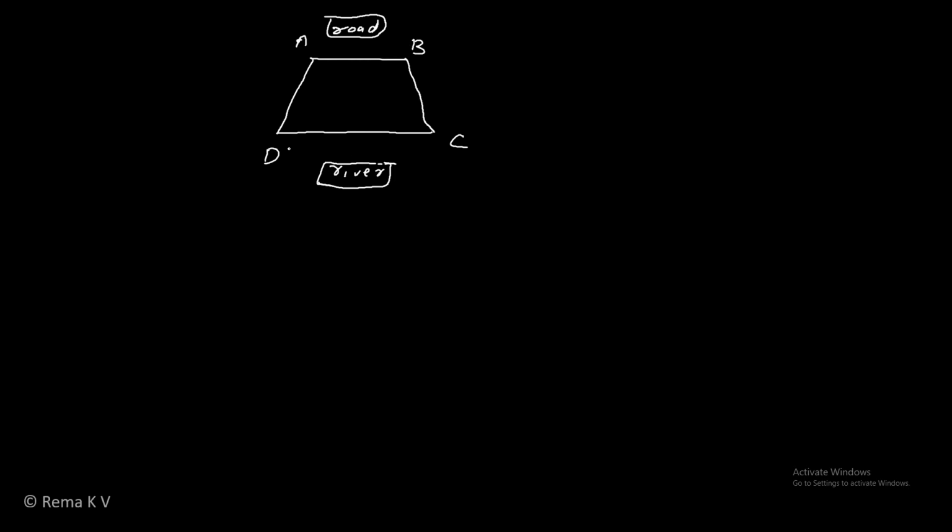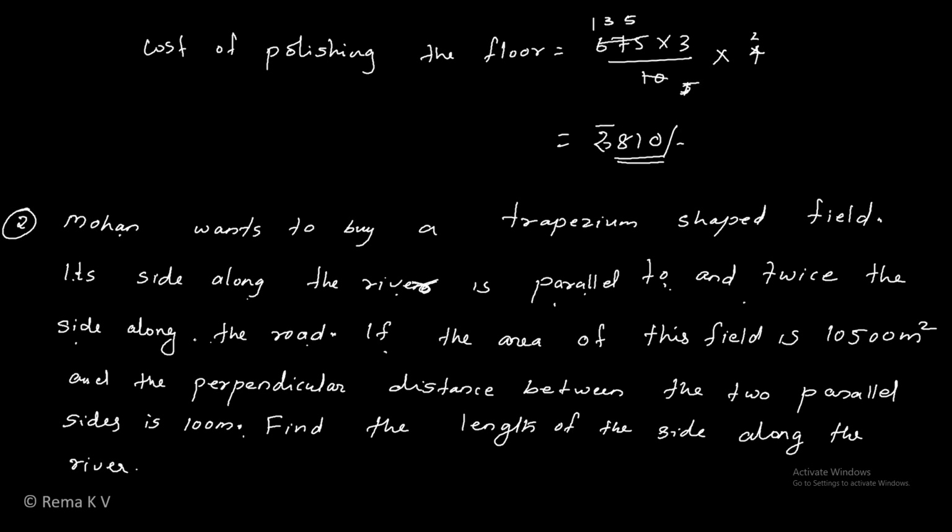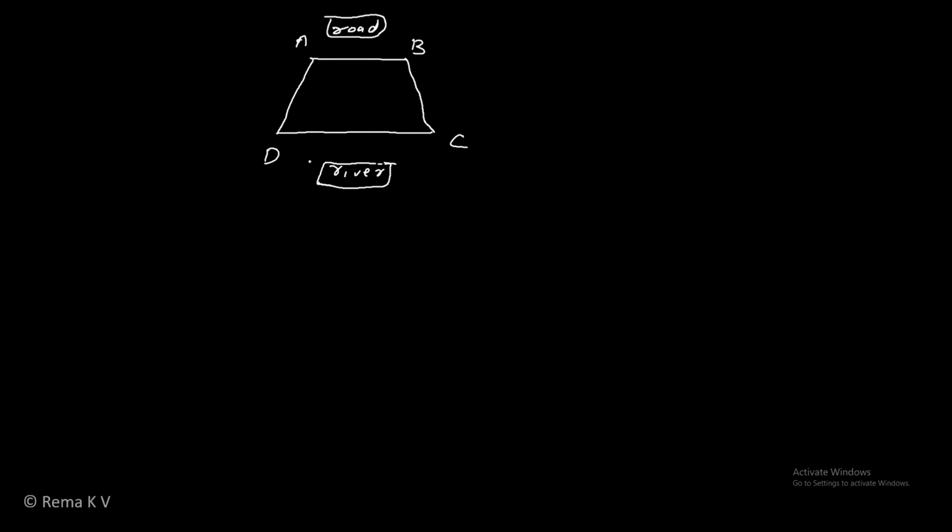And it is given that the side along the river is parallel to the side along the road and it is twice the side along the road.